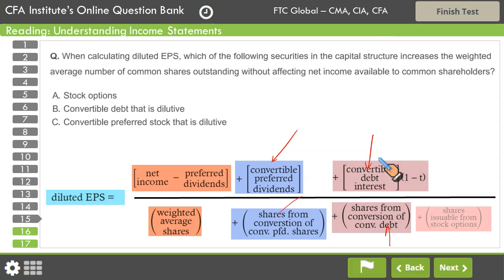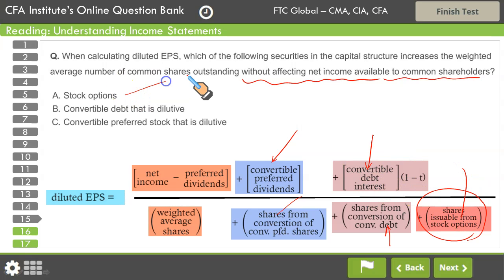But if you have options, then options will result in an addition to the denominator only. So since there is no adjustment for the numerator, that makes A our correct option.